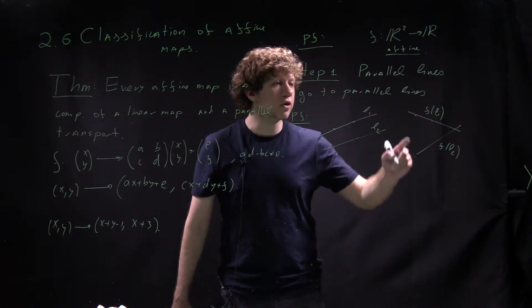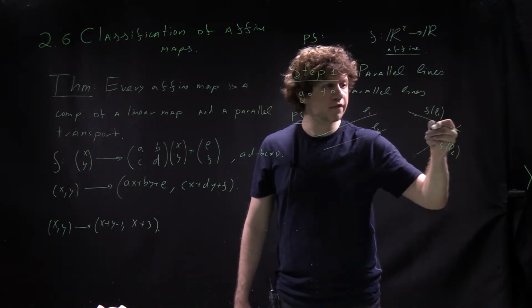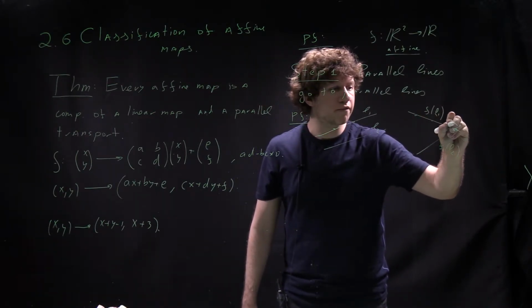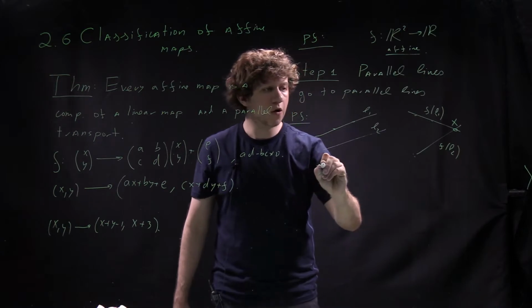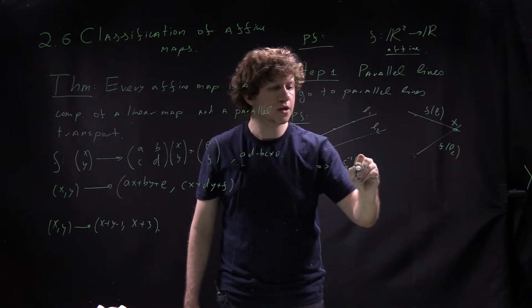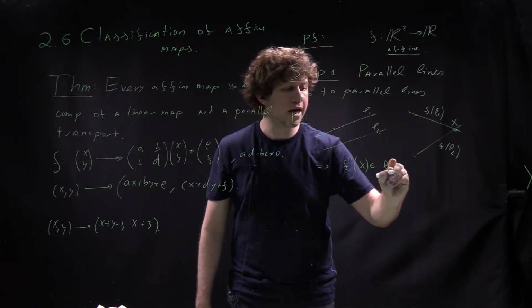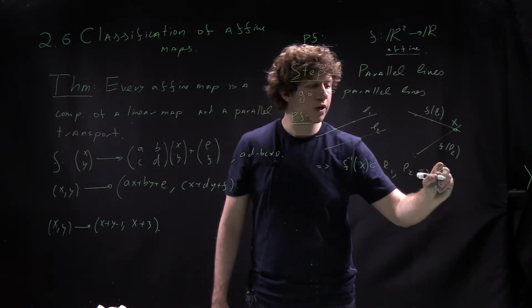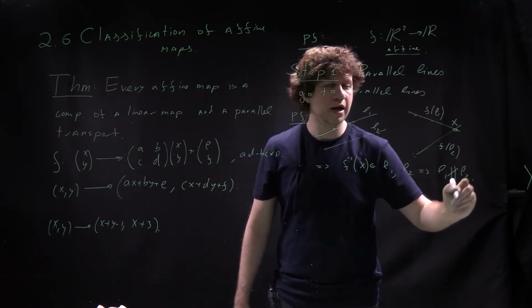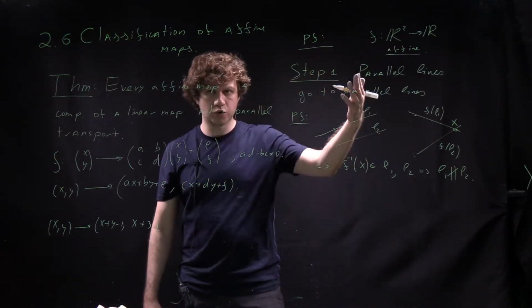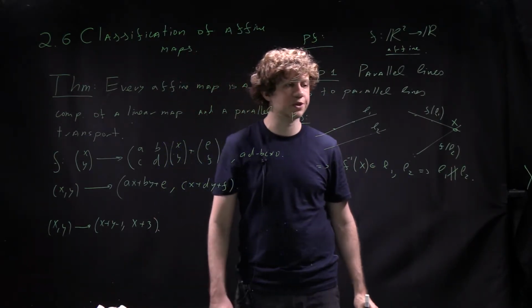And so if there is any point of intersection x of f of L1, f of L2, then we know that f inverse of x by the previous proposition lies in L1 and L2, so L1 is not parallel to L2, and that is a proof. So basically it follows from the previous proposition.